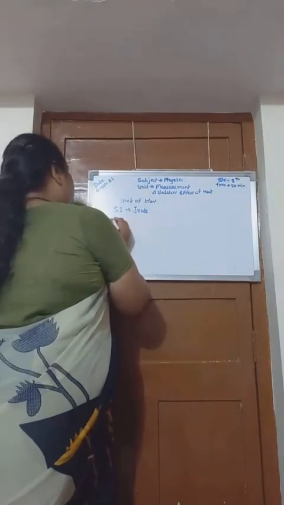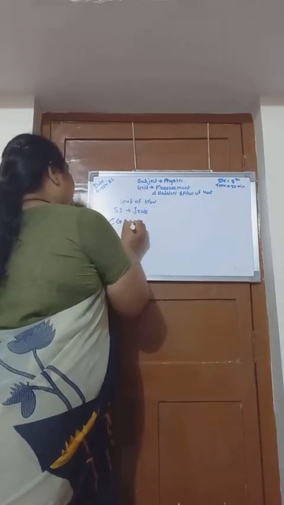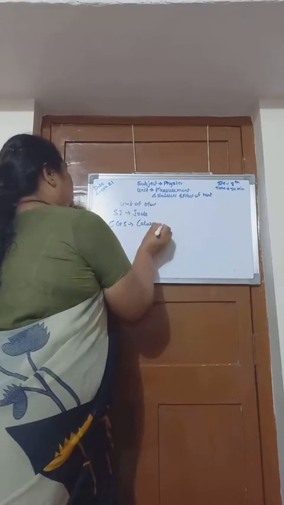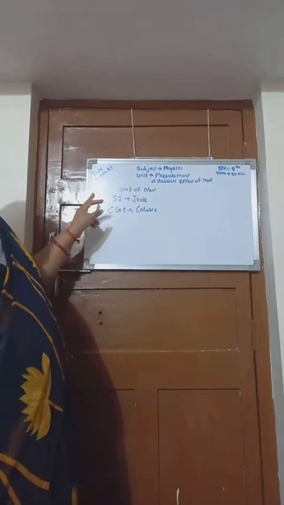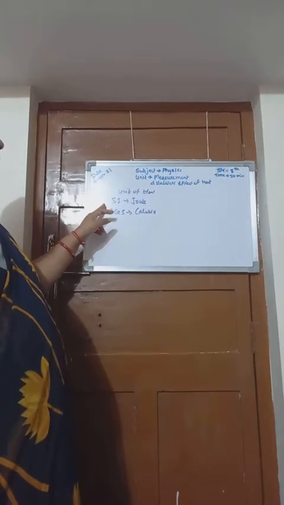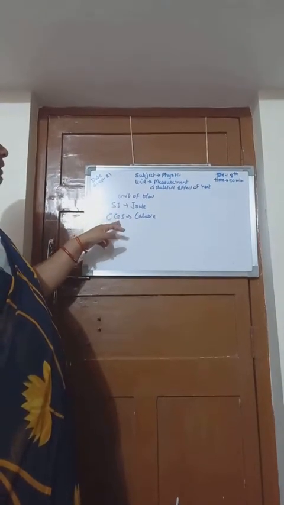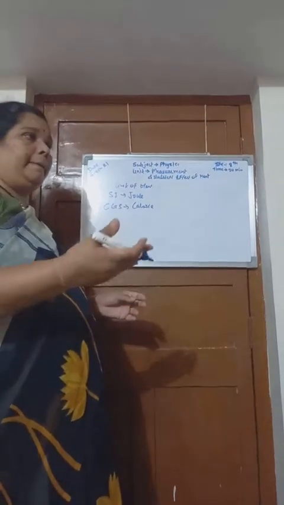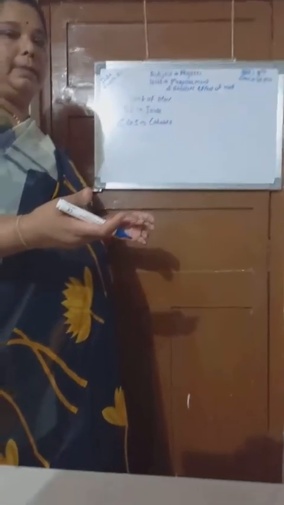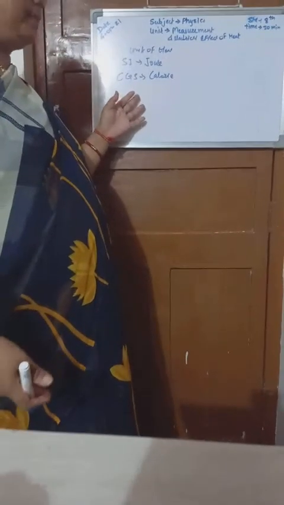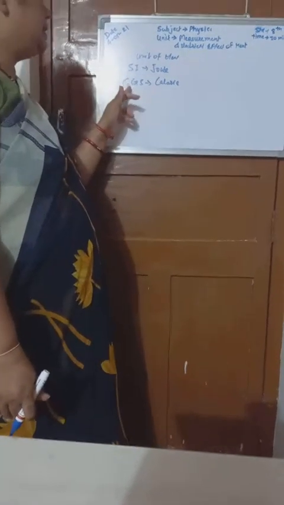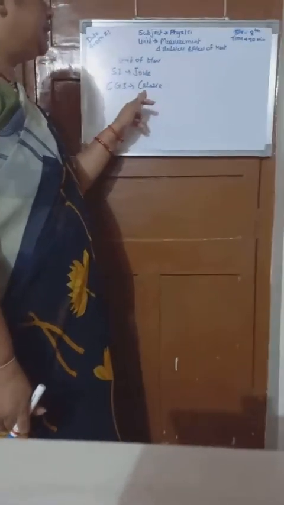And in CGS system, it is calorie. We have to study this formula. These SI system units and CGS system units will be useful in problems also. After that we will see the example. In SI system the unit of heat is joule, and in CGS system unit of heat is calorie.